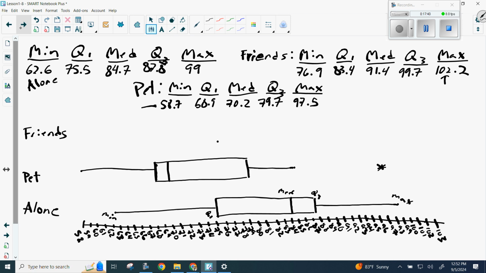Remember, we signify that with a vertical line. And our median is 91.4. Quartile 3 is 99.7. And our maximum is at 102.2, right about there. Let's go ahead and complete the box.